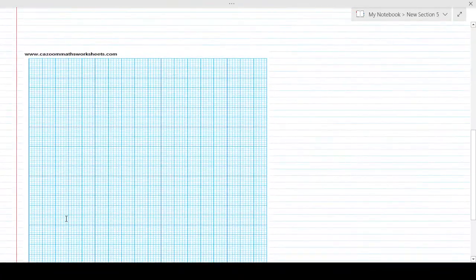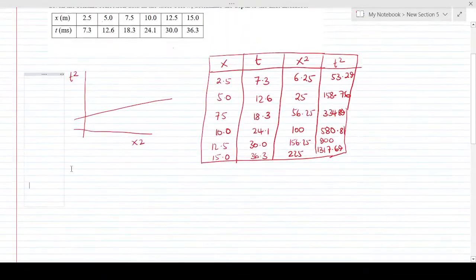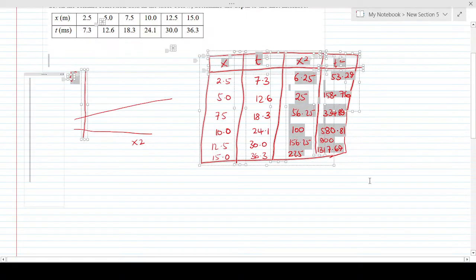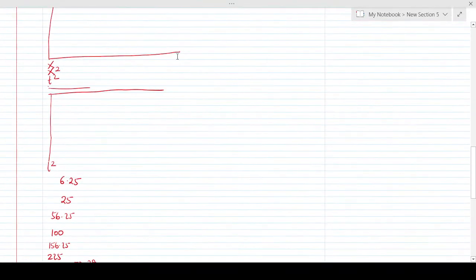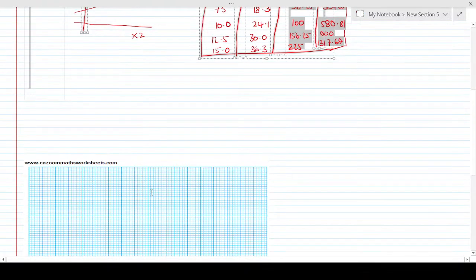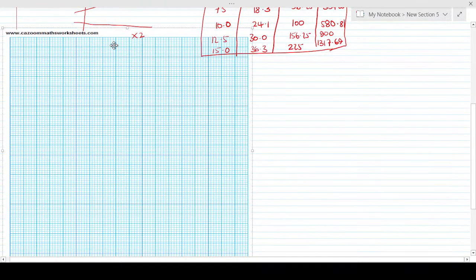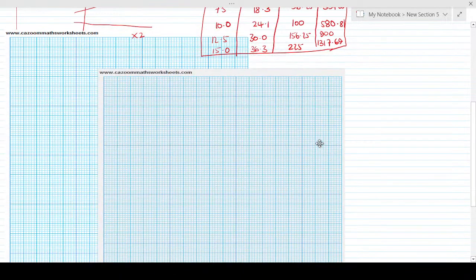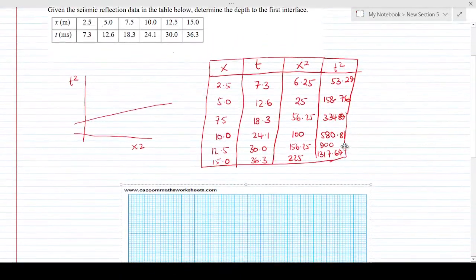So this is our graph, and we need to plot these values on it.